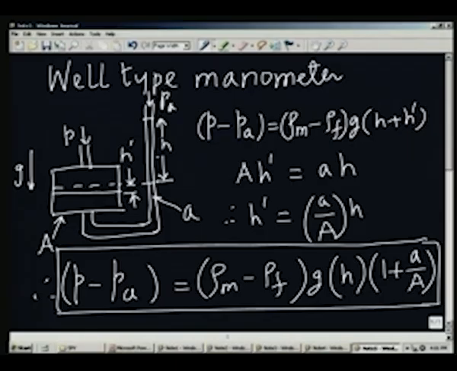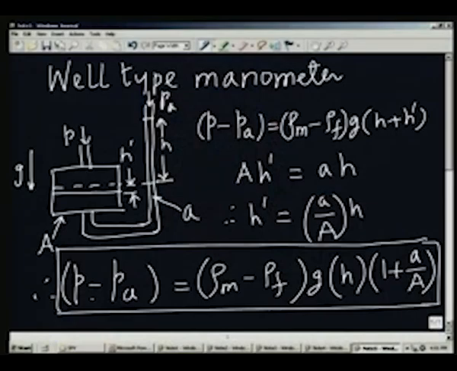So, the height measured using the scale which is attached here will give you not h, it will give you h into 1 plus A by A directly. Therefore, you can say that this is the corrected height. We will call it the corrected height.